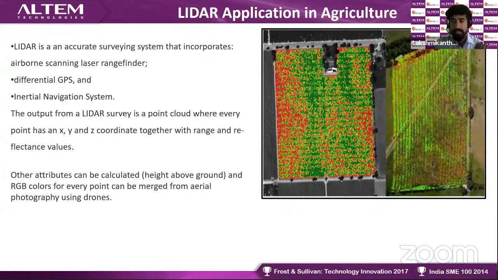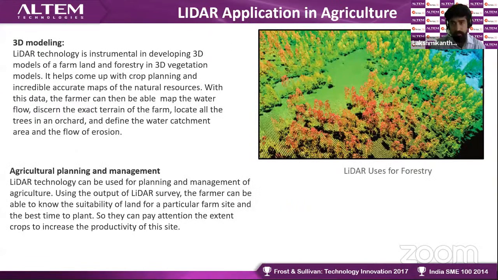As I said, these 3D scanners are also used in applications like BIM modeling, based on the required areas and regions. If there are any plants that need to be scanned in order to accommodate particular machines, or you want to calculate the space requirement in that application, we can use 3D scanners to build a complete 3D model. Similarly, mapping the entire terrain in order to calculate how much water catchment it can hold, and also the flow of erosion. Those two points I'm going to discuss in the next slide again.